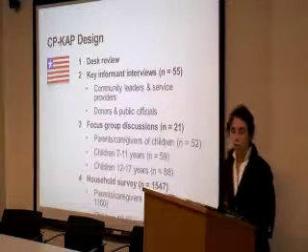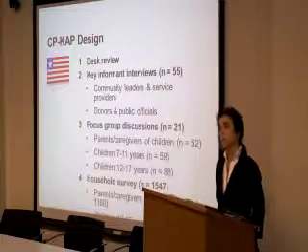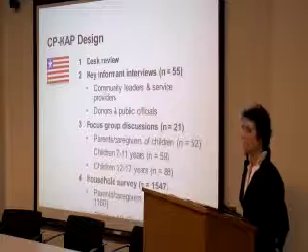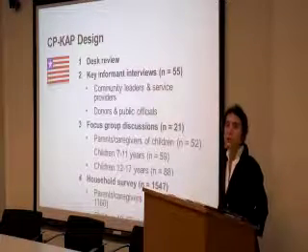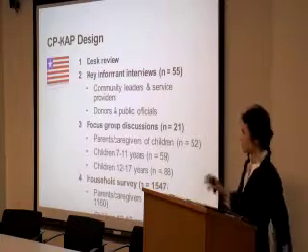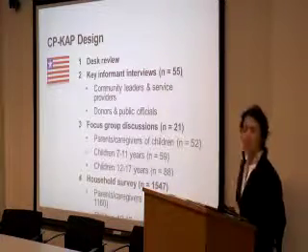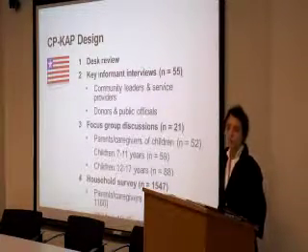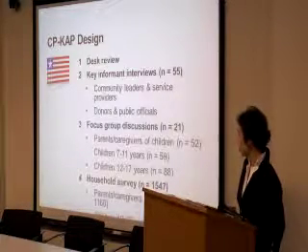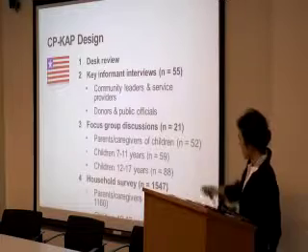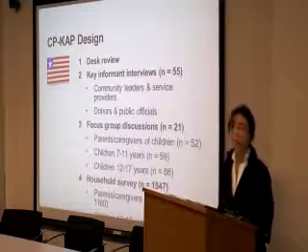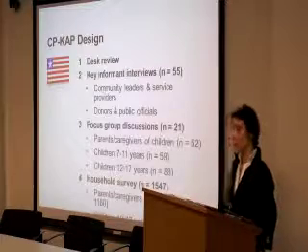We did a number of group discussions at the beginning and throughout the study, not only with adults, but also with young people from 7 years old to 17, separate of course. And then the household survey, which I will describe more in depth, which was a population-based household survey. There were 2 household surveys, one with caregivers and one with adolescents.